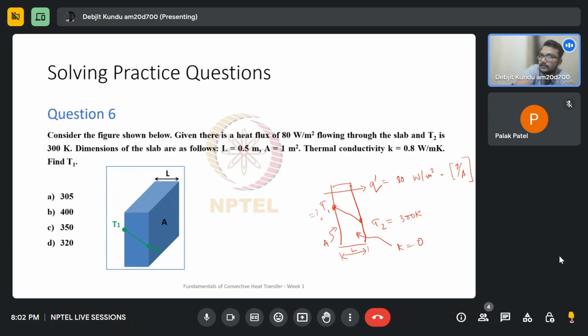It's 0.8 watt per meter Kelvin. So what would be the value of T1 in this scenario? Everything else is given. You just have to find out T1. Simply use the formula of conductive heat transfer and plug in all the known values. You should be able to get the correct answer.